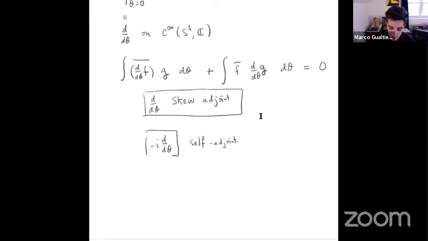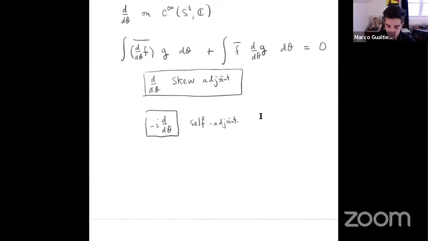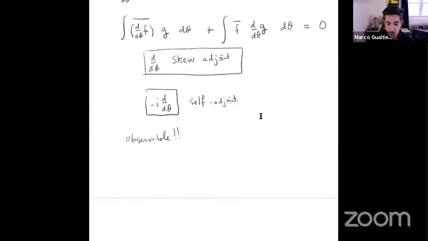So here we have our first observable. And it turns out that this observable is exactly the observable that we want, because this one is the analog of the momentum observable.